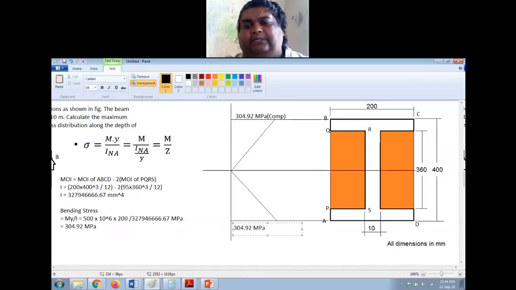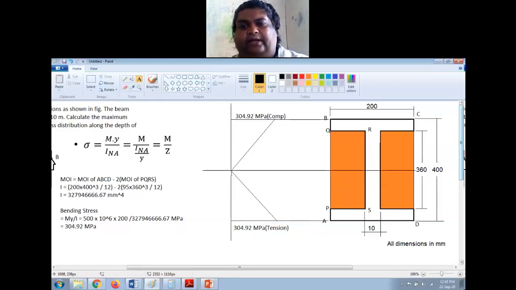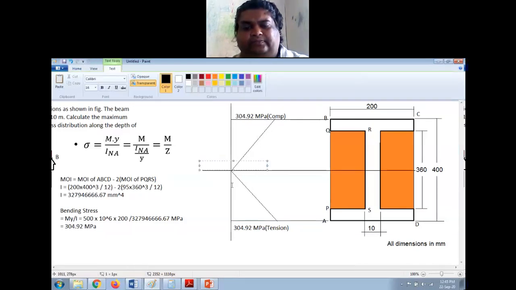megapascal. See, Pascal is a name of a scientist. So whenever you write the unit, P is capital and a is lowercase, right? Please don't write P and A in uppercase. It means something different, right? So MPa, and this is tension or tensile, right? And this is a neutral axis, N A. Neutral axis, the stress is zero.